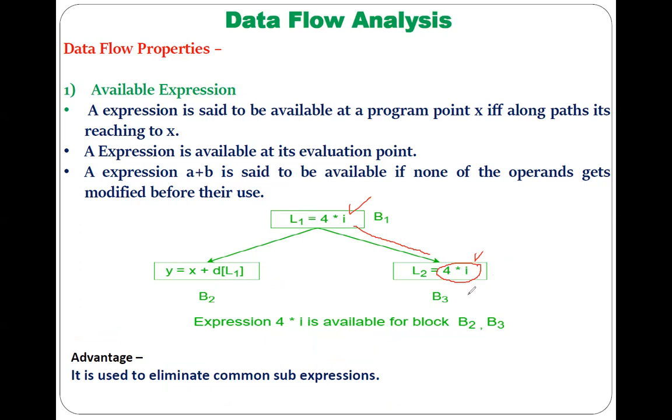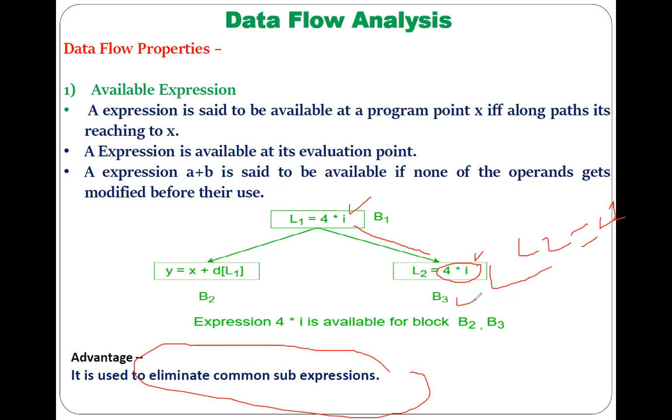And how can you determine the value of 4 and I is not modified? When the compiler knows that the 4 into I is available at the B3, then from that availability you can easily determine that the value of 4 and I is not changed, and from that availability of expression the elimination of common sub expression can be done, and here you can write L2 equal to L1 because you know the availability of expression 4 into I at the B3.